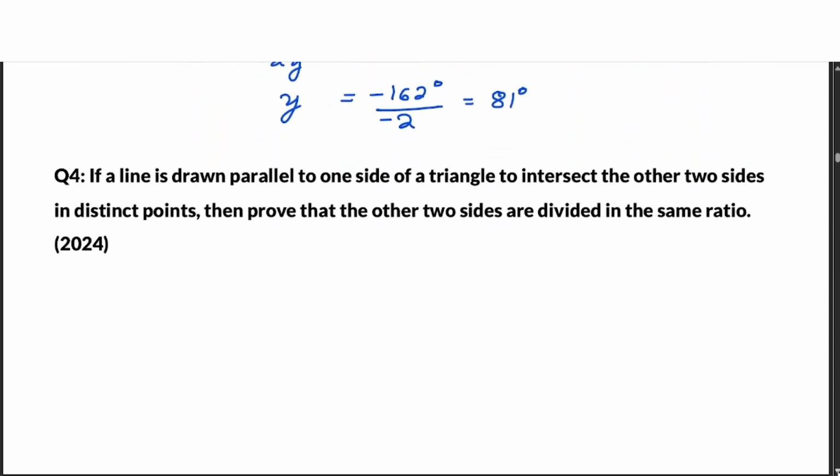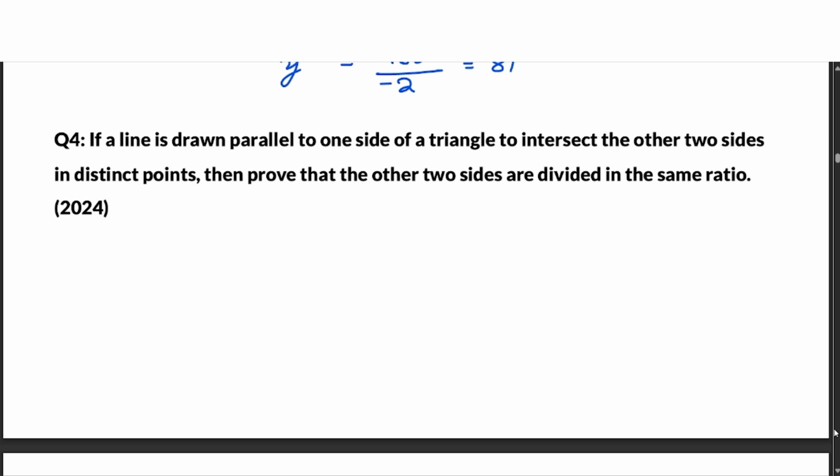Okay, now let's see the fourth question of 2024. Again, the figure is not given, so you have to understand the question to draw the figure properly.